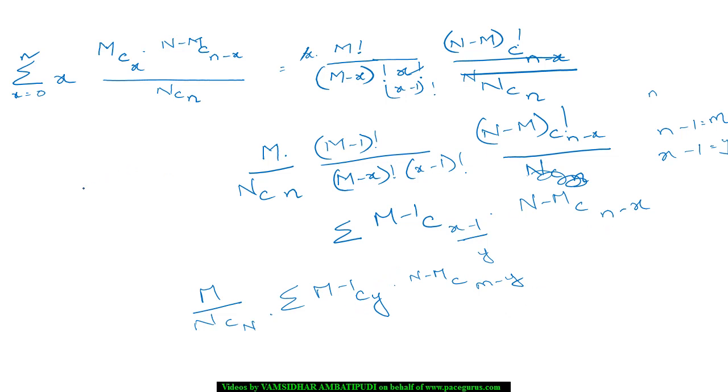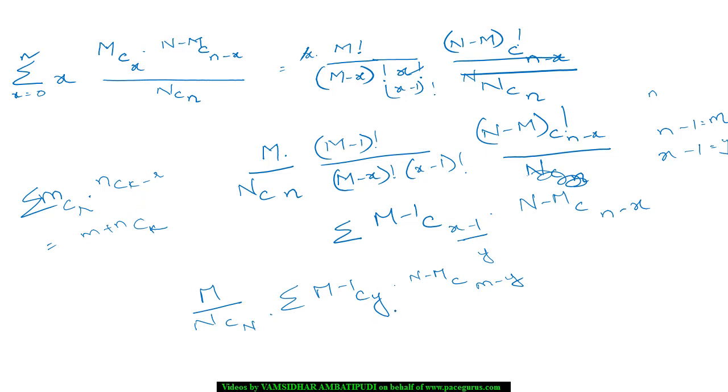MCR. If you are using the summation MCR into NCK minus R, you can very well write it as M plus NCK, right? So that's the same thing. If you are summing it across, I can very well use this relationship MCR into NCK minus R, I can very well use M plus NCK.